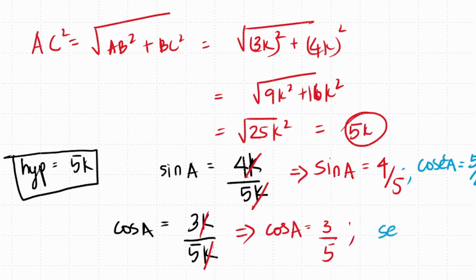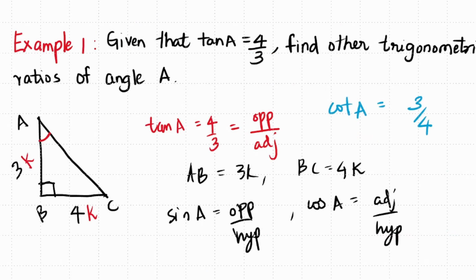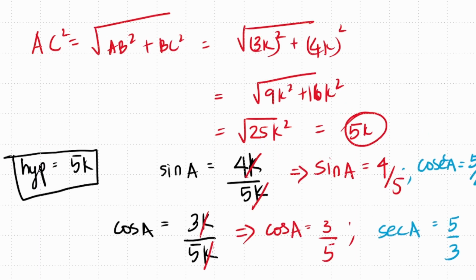It's sec, right? Yes, we'll get 5 by 3. We just need to calculate 3 ratios, and we'll get the other 3 ratios by the reciprocal. That's it. And tan A is already given, so you get cot A by finding the reciprocal. So this is the answer to the solution of this question.